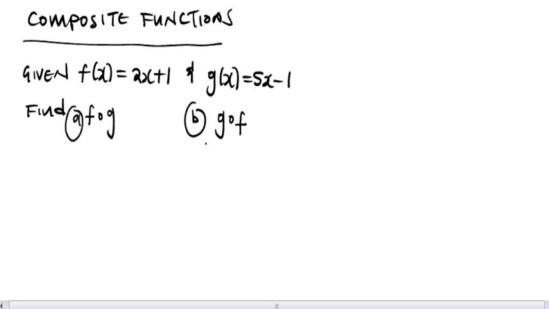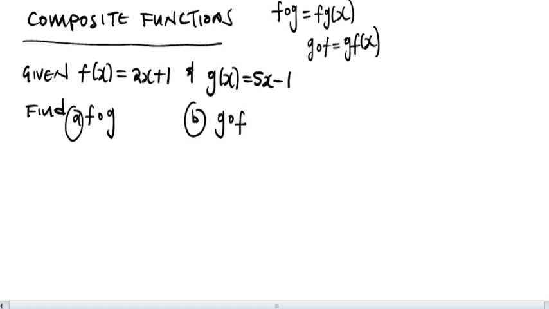I also want you to know that this notation, the fog and the gof, the fog can also be written as fg(x), and this one, the gof, can also be written as gf(x), one and the same. These are just notations. So in short, once you see two functions joined together, we are looking at composite functions.